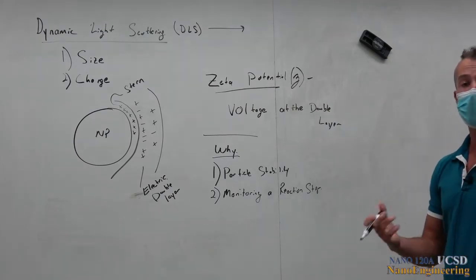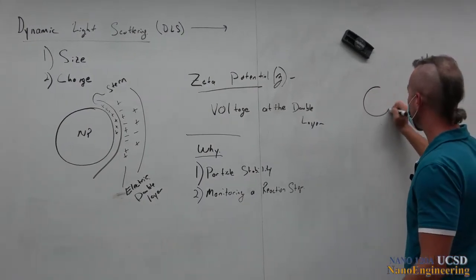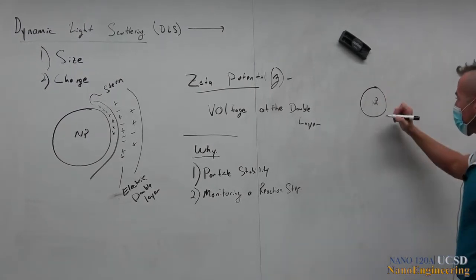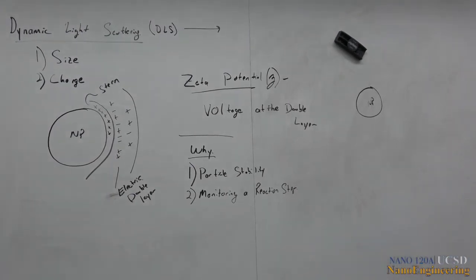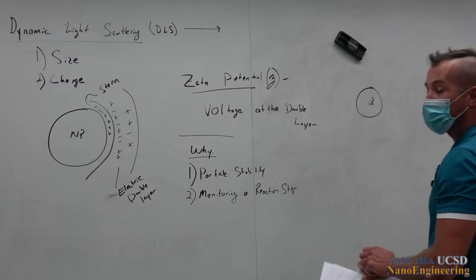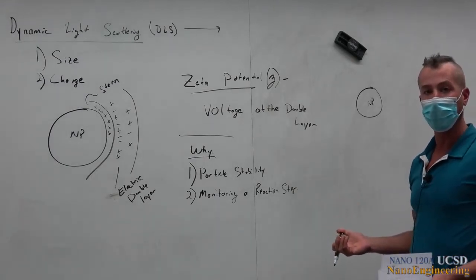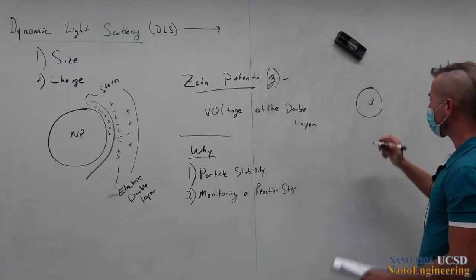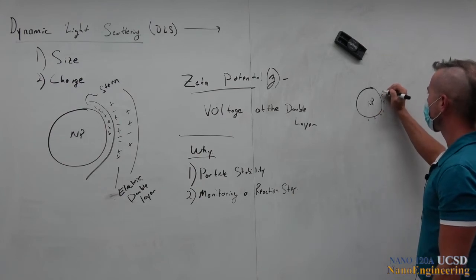So say that you start, with a classic example, you've got a nanoparticle and it has some kind of small molecule on the surface. So maybe it's CTAB, you're making a gold nanorod. Maybe it's sodium citrate, you're making a gold sphere. So there's some kind of charge, small, right?